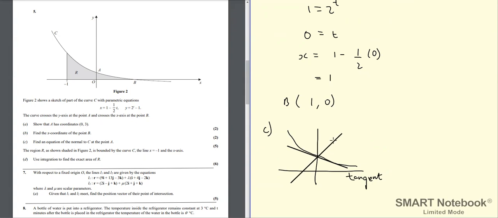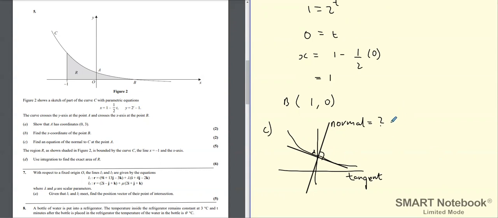Maybe that's not 90 degrees, but something like that. And it was at A, which is here, the y-intercept. Here's the normal. So this is what we are trying to work out.